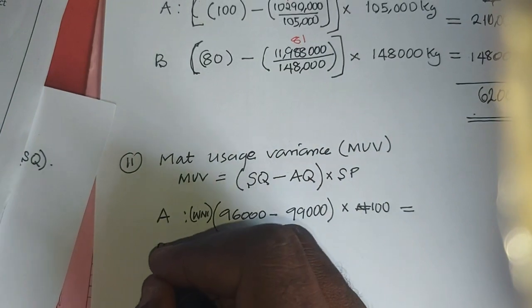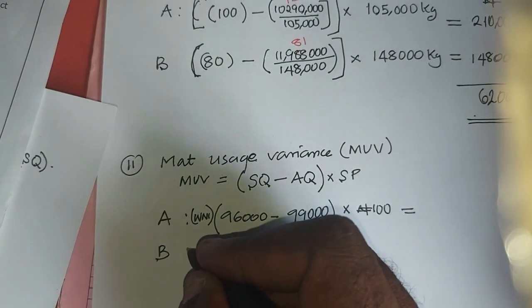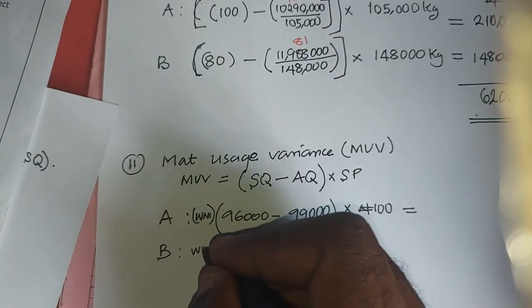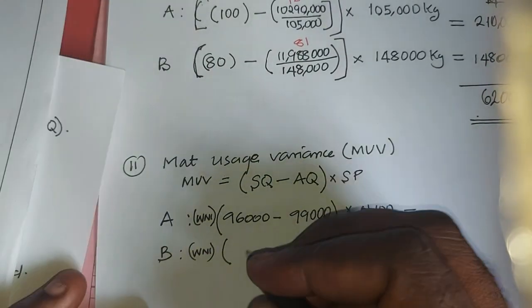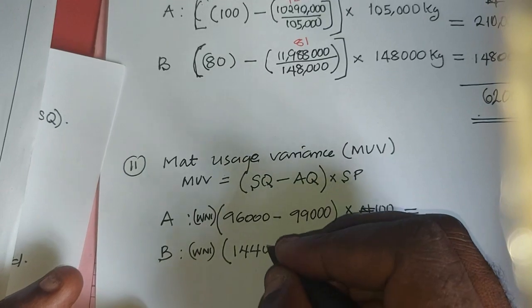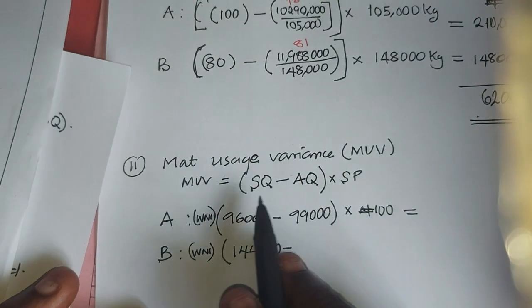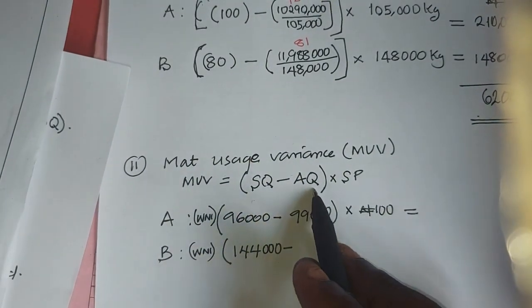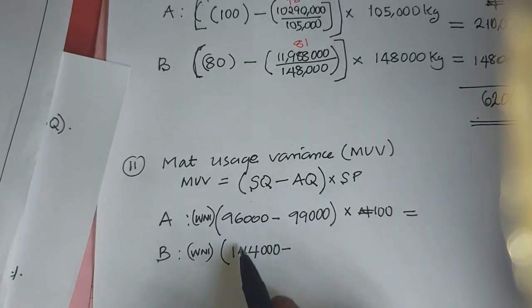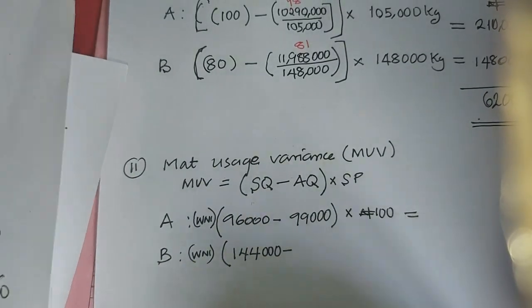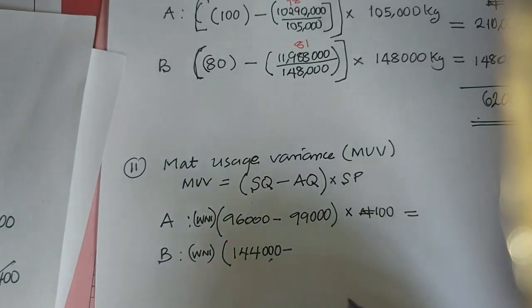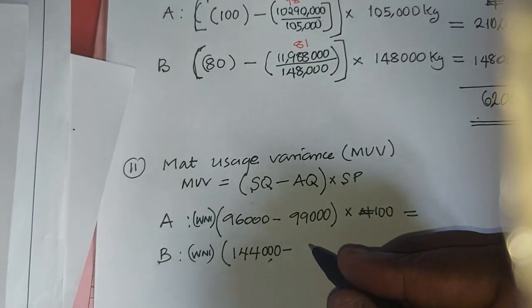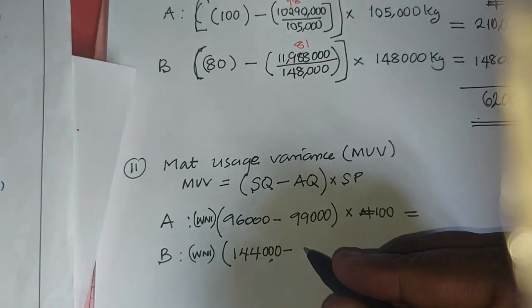Then for B, we also look at our working note 1. For B, we have 144,000. That is standard quantity minus actual quantity consumed. Standard quantity on actual production units, then minus actual quantity consumed.